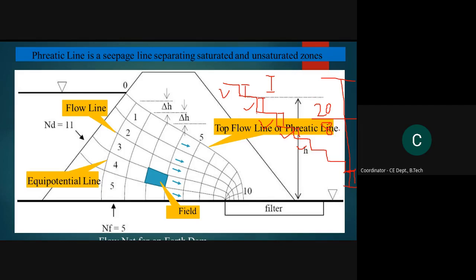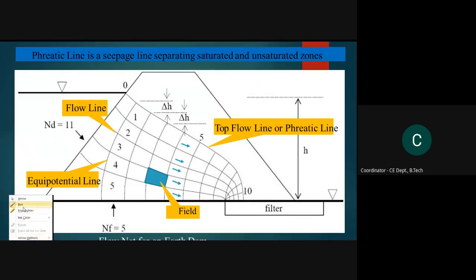So here the individual rise will be 2.5. In this manner you can get the rise height. In a similar fashion, let me erase all these things.